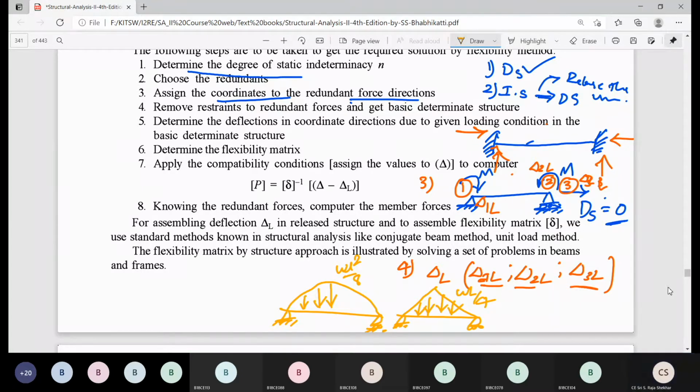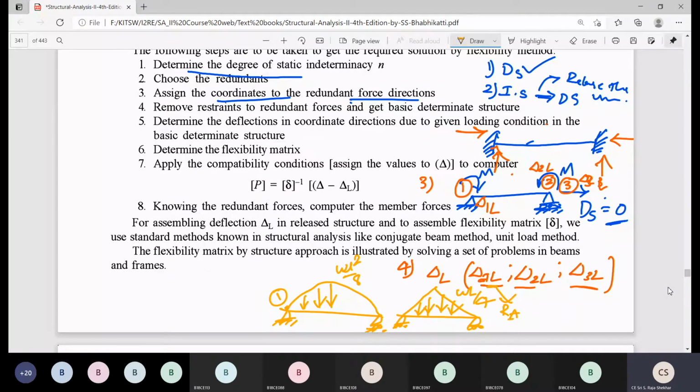So delta 1L will be the reaction at A for this conjugate beam. So RA will be delta 1L. We just calculate RA, the reaction at A, for this given loading.